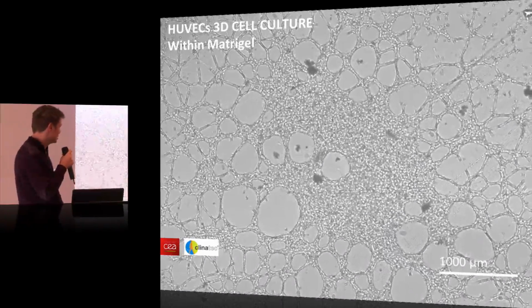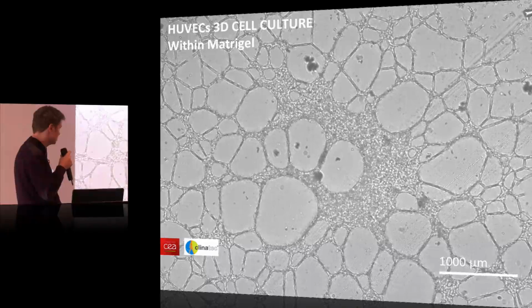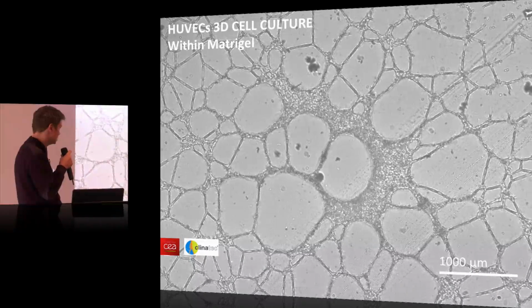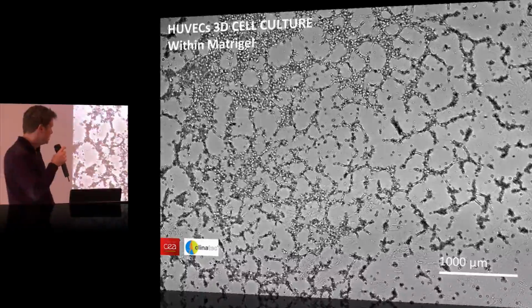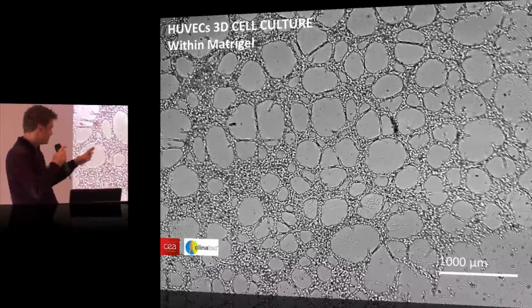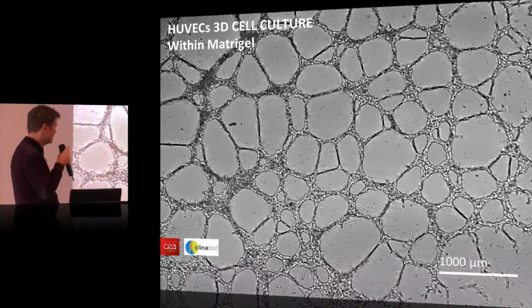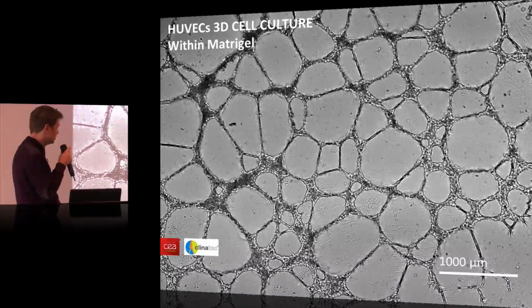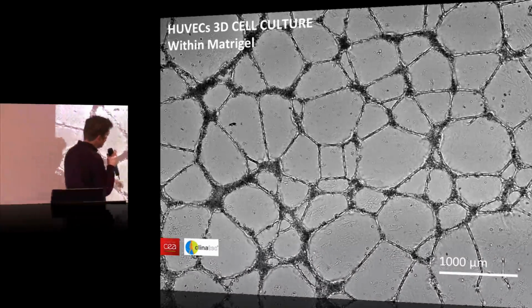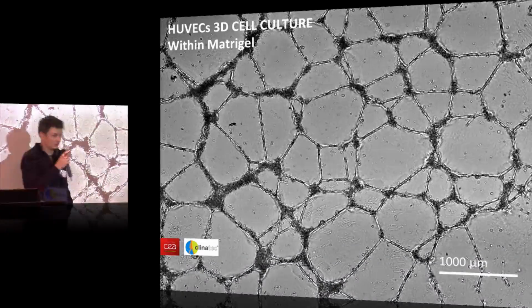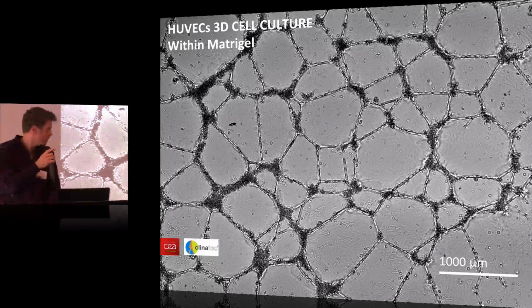Here we go. These are not exactly the same cells, but this is the same cell line. And you see how it evolves and how they assemble. They all even make a square. It's very rare in biology. So we are not squared.